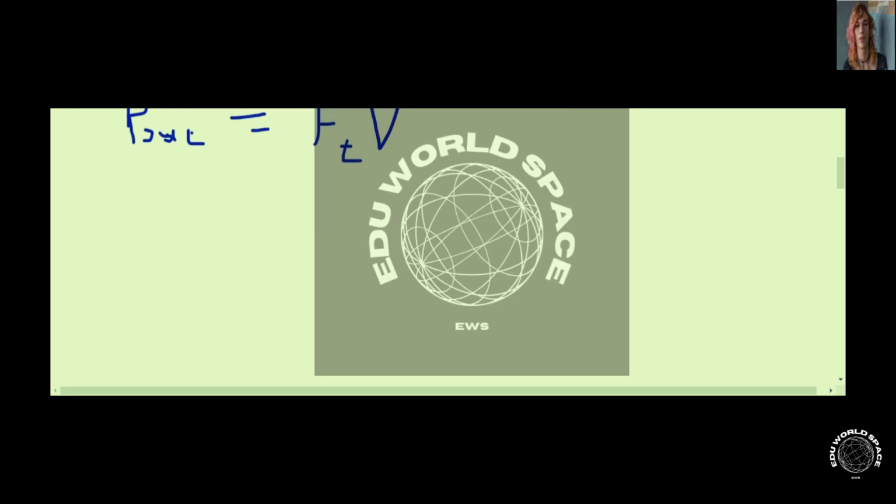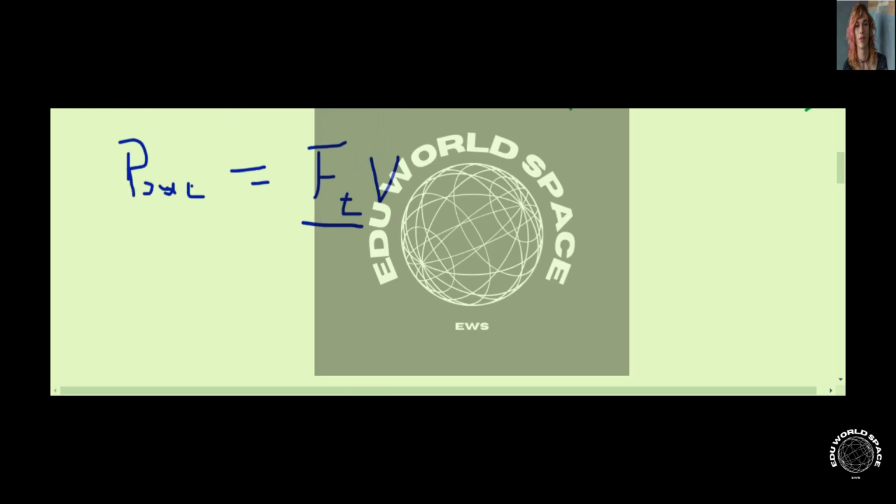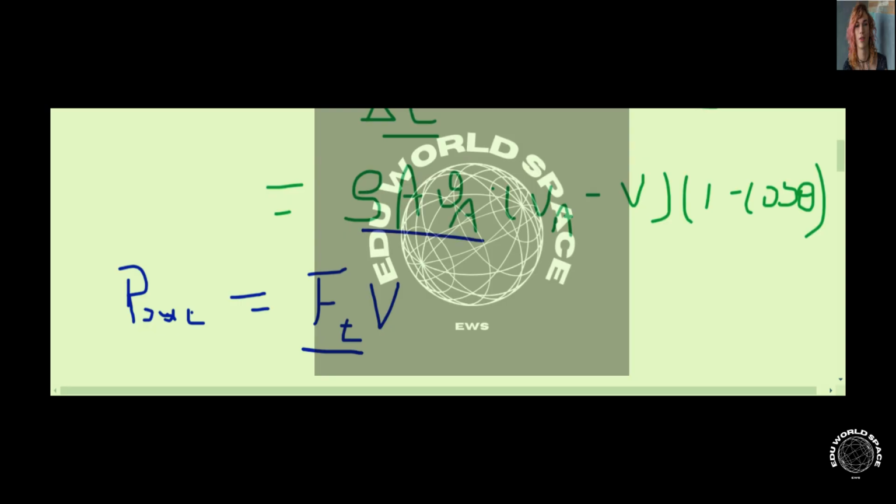As we know the formula for F_t in the above equation, I'm going to put this F_t in the output power formula. So finally I will have rho A V_A times V_A minus v times v times 1 minus cos theta.